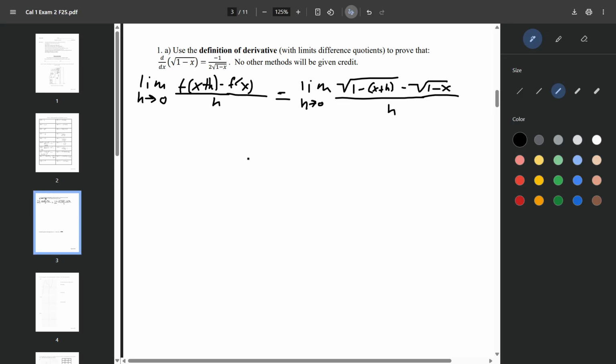So first step is to multiply it in a way to get rid of the roots.